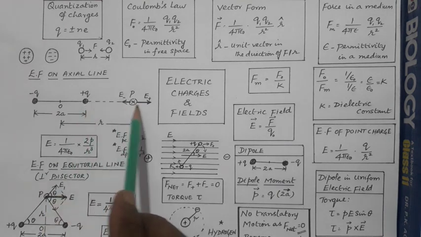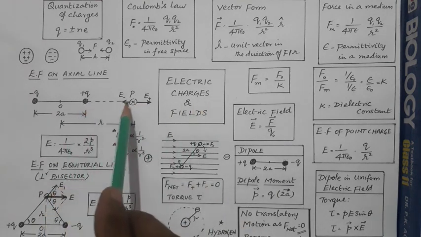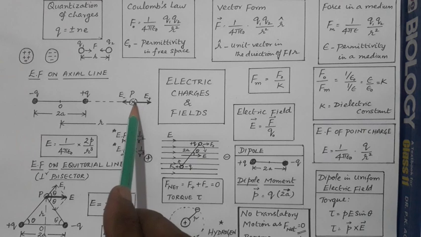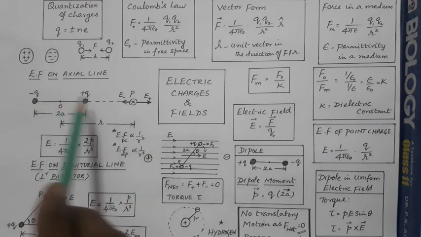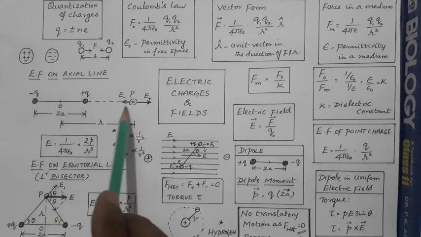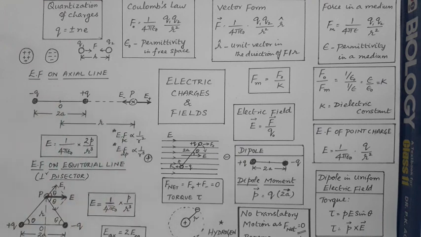Positive acts outward and it is close here, so naturally the electric field is stronger here, and the negative is far away, so the electric field is less here. So naturally E plus is greater than E minus.